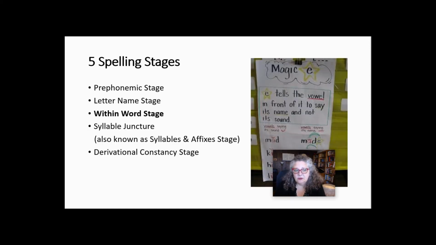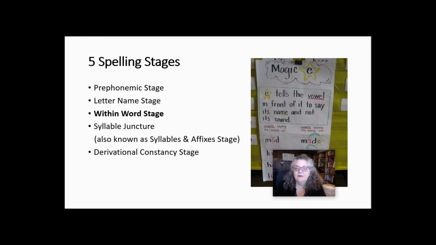Then there's the within word stage. In the within word stage, kids are thinking about what's happening within the word, the middle part, the vowel. And we're also helping kids think about how we combine letters to make particular sounds. So in this anchor chart, we have an example of the magic E. When you add an E to the end of a word, it's going to kick the vowel preceding it and tell it to say its name.